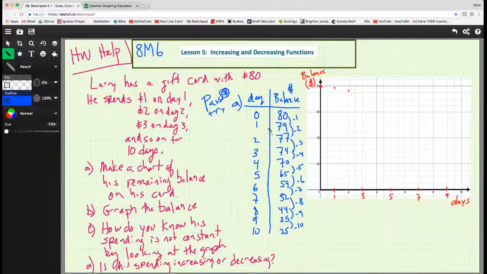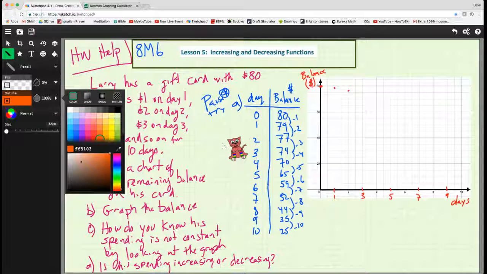Okay, so let's graph our points. 1 comma 79. We've already done that. Wait, let's do a happy cat. Happy cat for getting the chart. Now let's go to our orange and our balance.